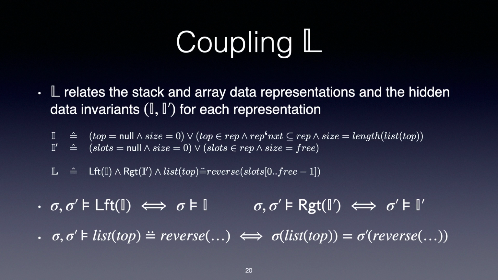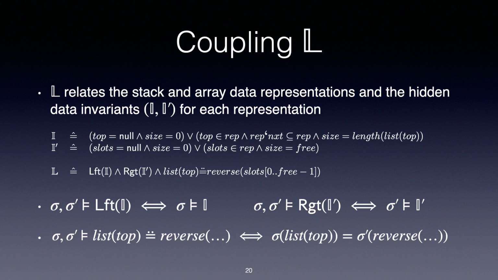And then this thing is written as list of top equals reverse of slots of 0 to free minus 1. And that says that in both states, that is a relational formula that equals. So in sigma, sigma dash, list of top equals reverse of whatever, if and only if sigma of list of top equals sigma dash of reverse.